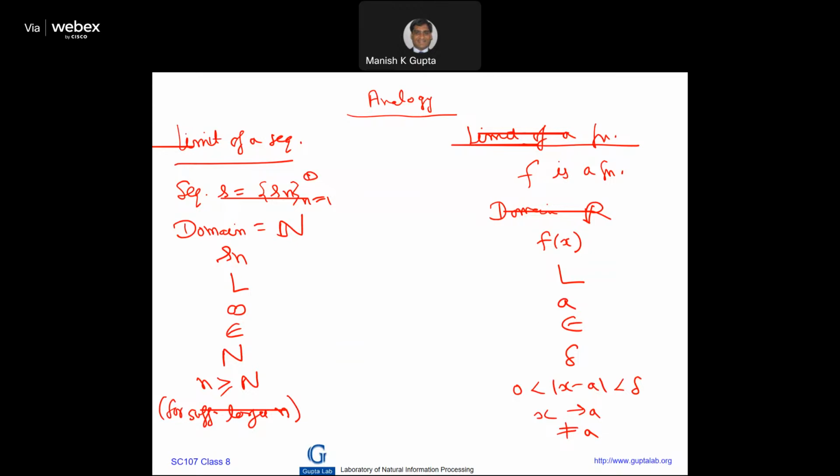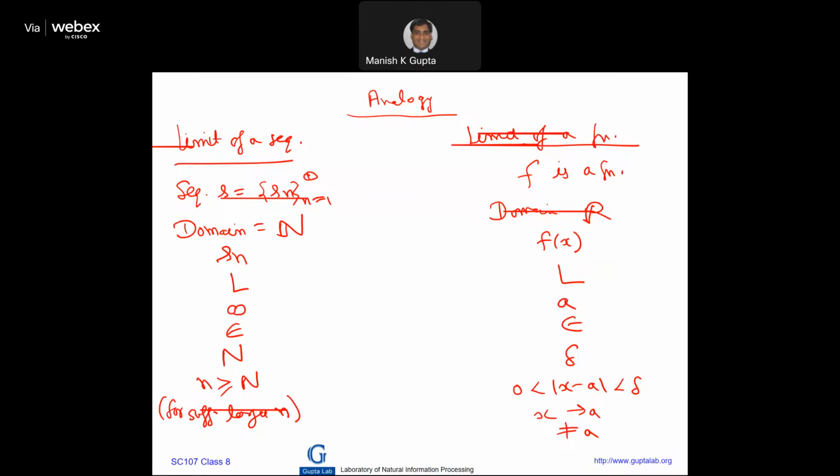And there, limit of a function at a point x equal to a: the limit of f of x is capital L if for every epsilon positive, there exists delta positive such that mod of f of x minus L is less than epsilon, right? Whenever 0 is less than mod of x minus a is less than delta. Got it? This nice comparison should be clear in your mind so that there is no confusion.